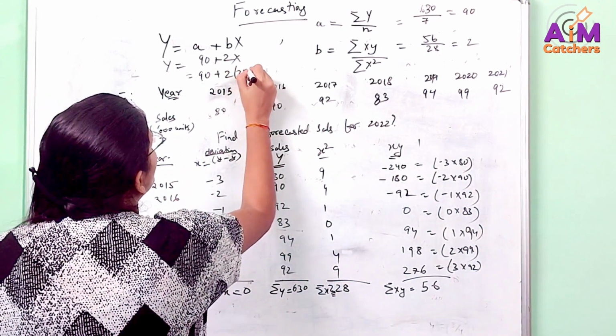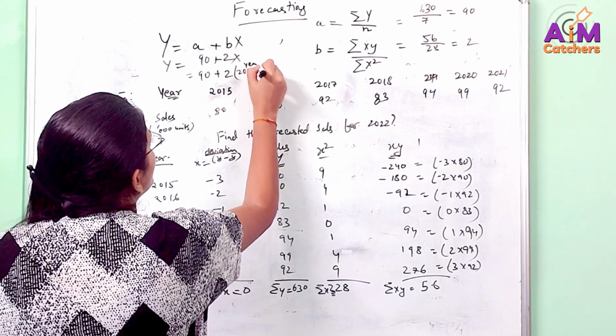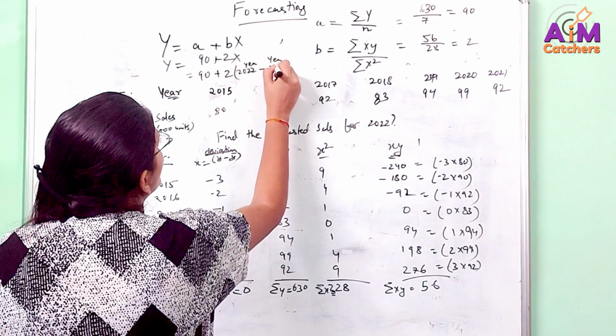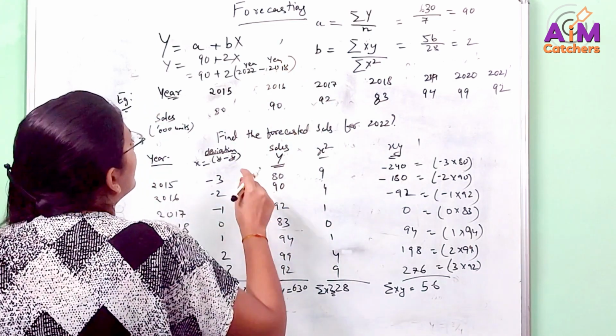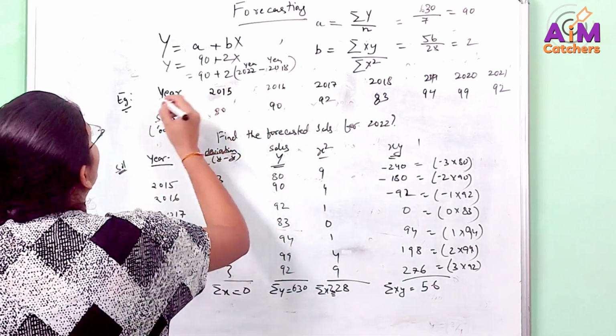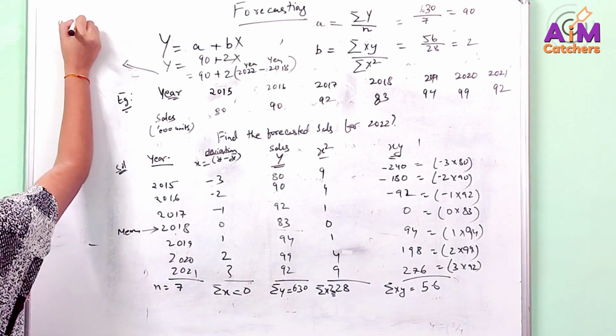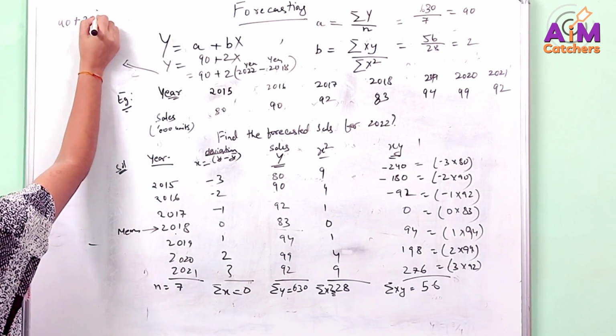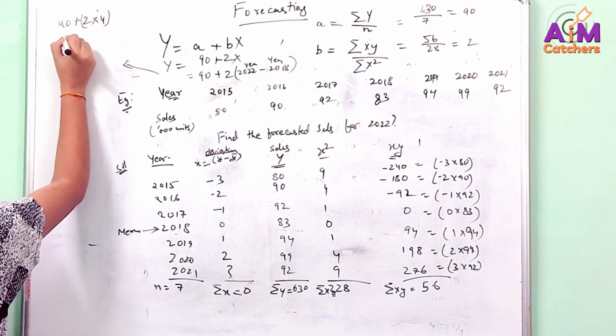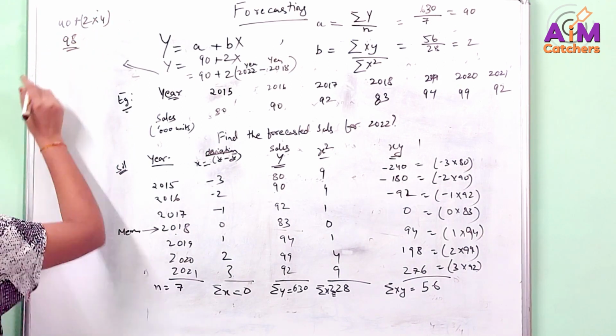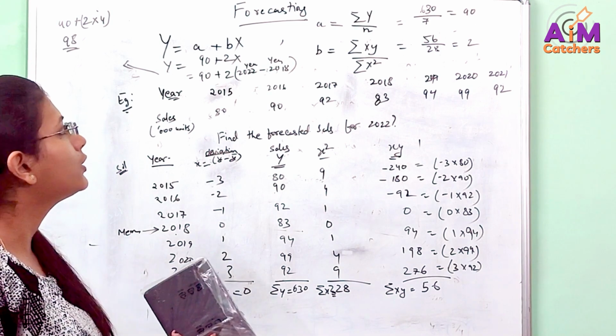So that is year 2022 minus year 2018, which is the mean year. So this will give you 4. So 90 plus 2 into 4, that is 98. That is the sales for 2022.